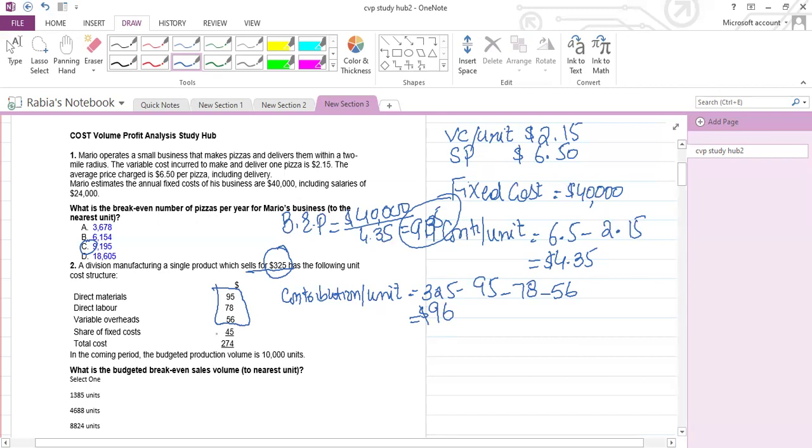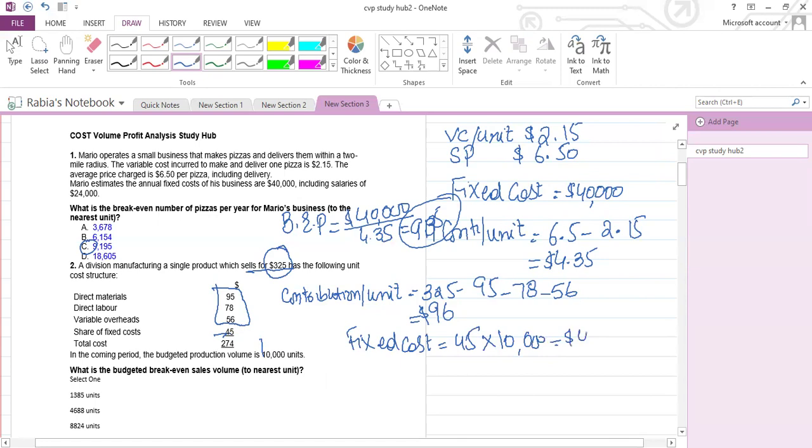Now, what is your total fixed cost? Fixed cost is equal to per unit fixed cost of 45. How many units are you going to sell? That is 10,000.